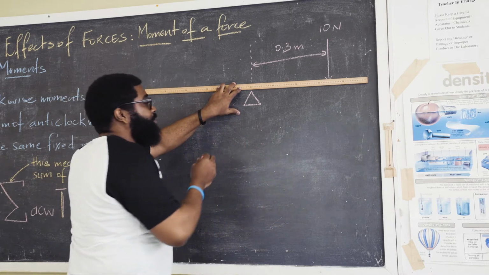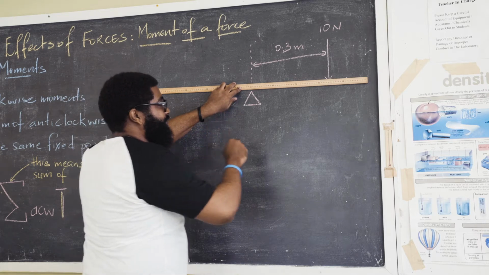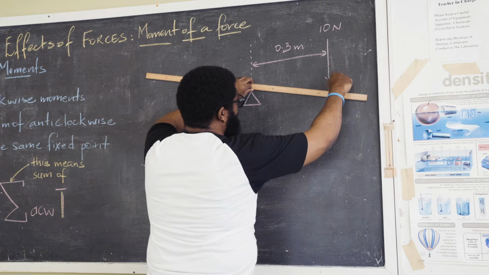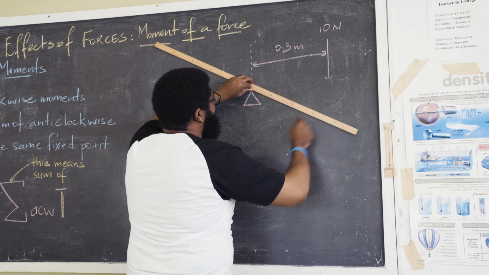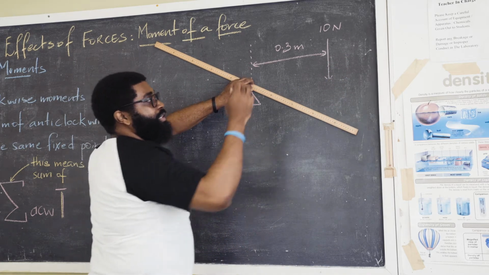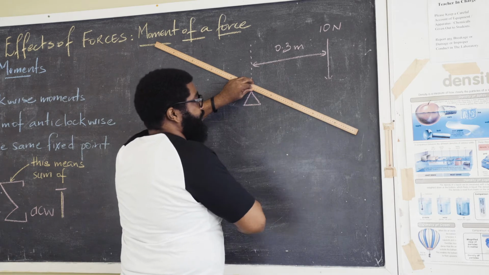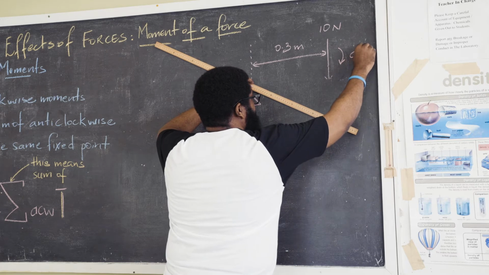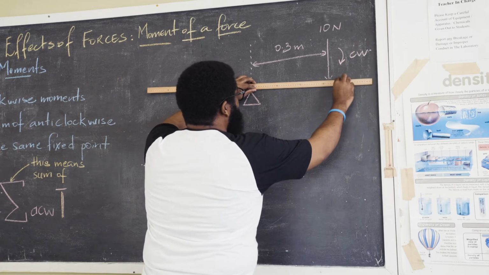I use my ruler for a reason. It's just easy to demonstrate with. If I pivot my ruler here with my fingers and I press down, my ruler rotates like this. For those of you who are puzzled, the hands of the clock rotate like this. So this direction of rotation is clockwise.